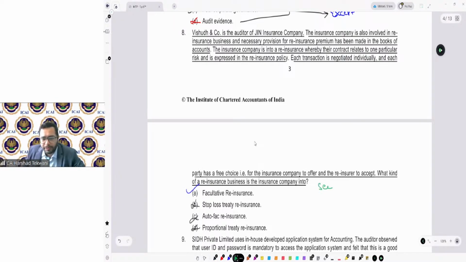I'll just provide you the regulation: IRDAI General Insurance Reinsurance Regulations 2016.